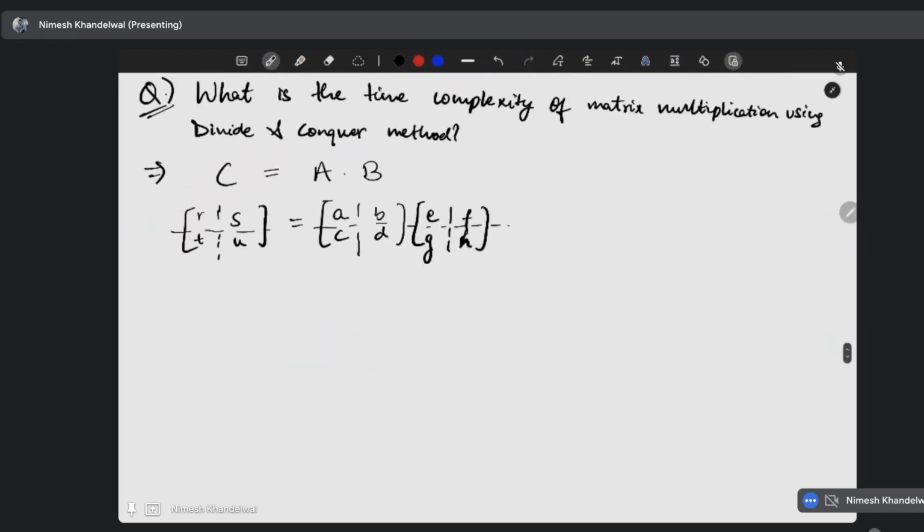So to do this, we need to calculate all these submatrices R, S, T, U, and they are: R is this, S is this, T is CE plus DG, and U is CF plus DH.